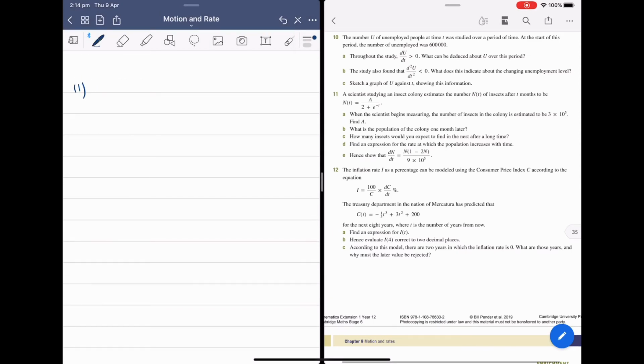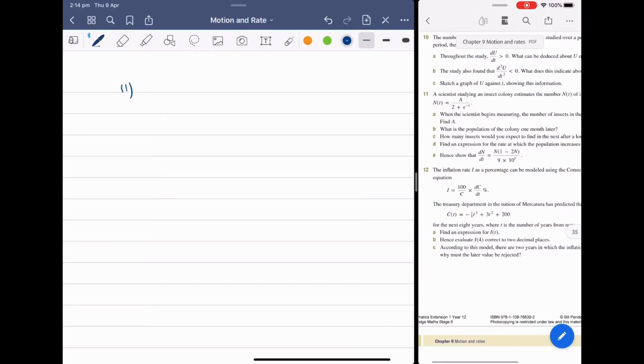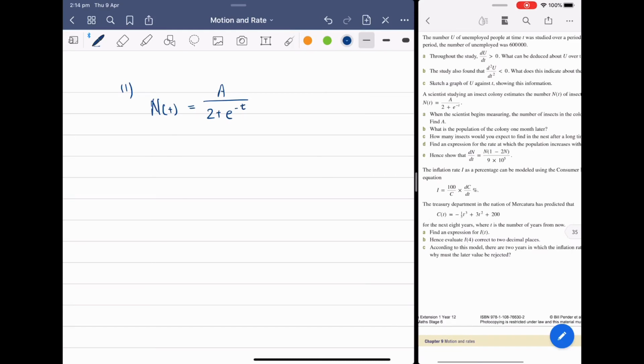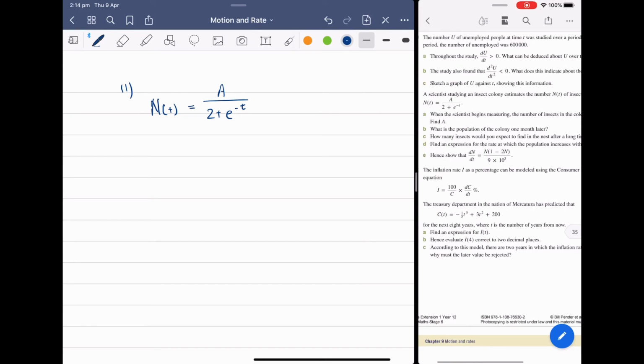Let's make this maybe smaller so I can write. Firstly, N(t), write down the formula. N(t) is equal to A over 2 plus e to the power of negative t. The first condition given to us is when the scientist begins measuring. Begins measuring means when t equals 0, initially.